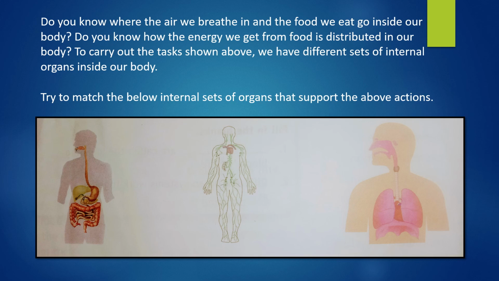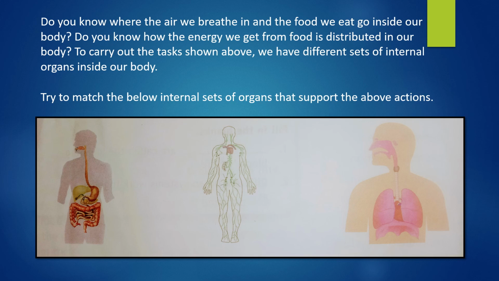Let's learn about that. In the first picture, the intestine part of our body is shown. This is used for digesting our food. Next, a full body of a person is shown. This picture is used to do different works. And the last one shows a person's mouth, windpipe, and lungs.